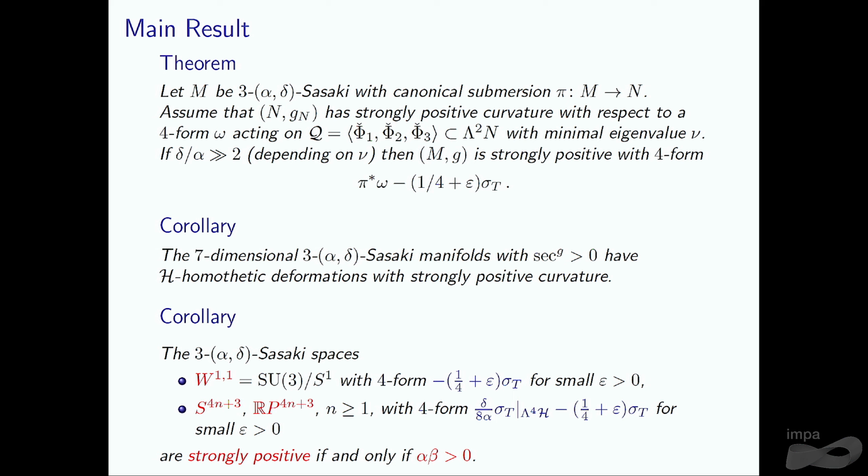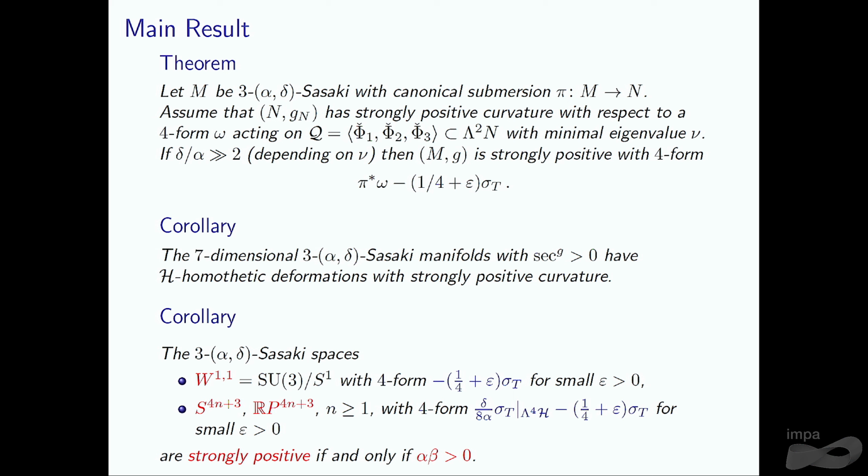And the corollary is that the 7-dimensional 3-alpha-delta Sasaki manifolds with positive sectional curvature admit, indeed, H-homothetic deformations with strongly positive curvature. Okay, so you can deform positive sectional curvature into strongly positive curvature, which we knew is a stronger condition.